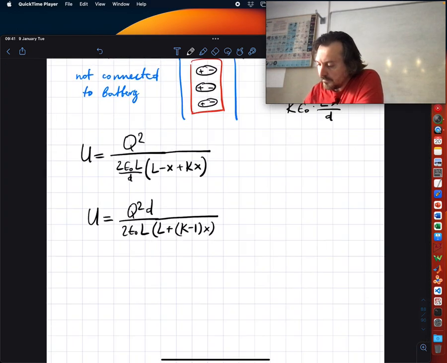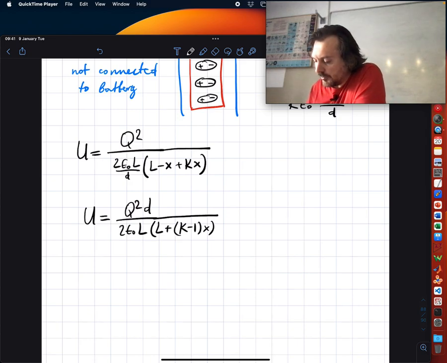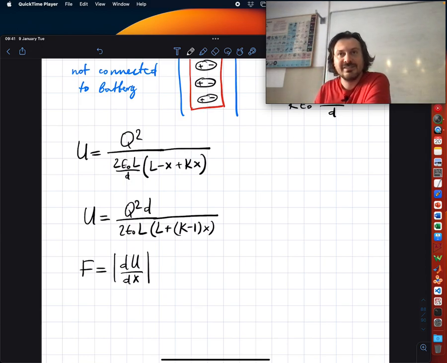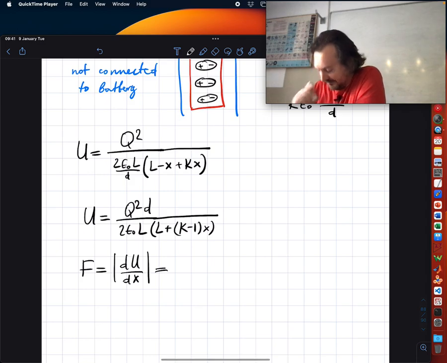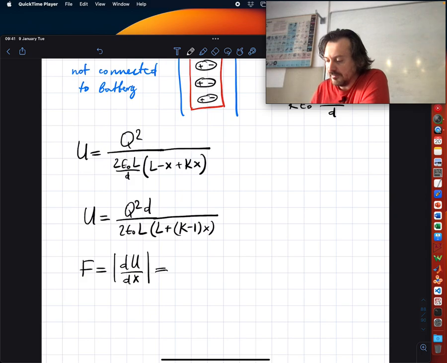Let's find the force. Force is dU over dx. I don't want to bother with signs, so I will just go with magnitude, okay? So what is the magnitude of the derivative of this one?